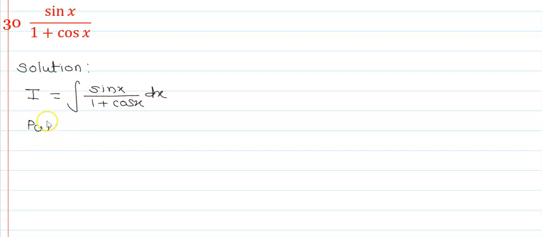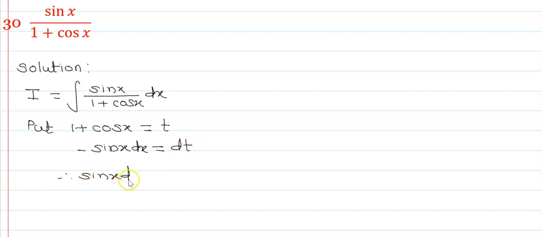Put 1 plus cos x equal to t. Therefore minus sin x dx is equal to dt, and therefore sin x dx is equal to minus dt. This is the first part.